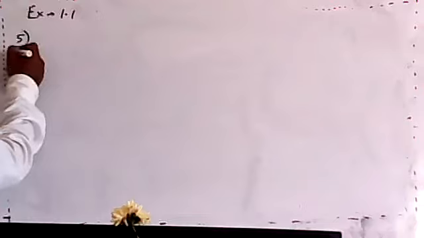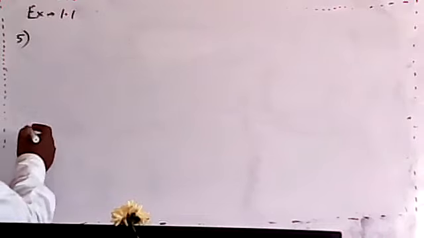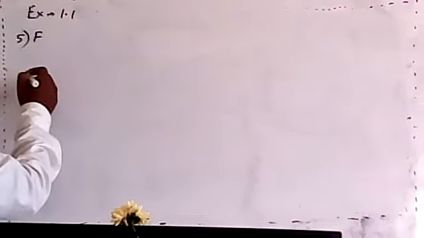Okay. In the fifth main, we were asking that list all the elements of the sets. You have been given a rule method, and you have to try it in roster method.